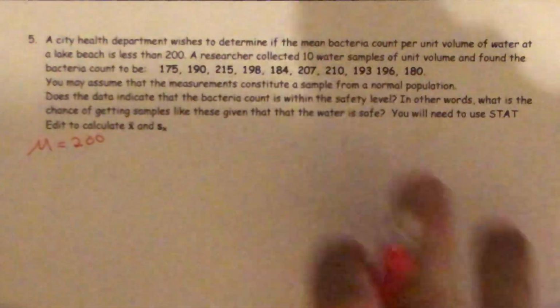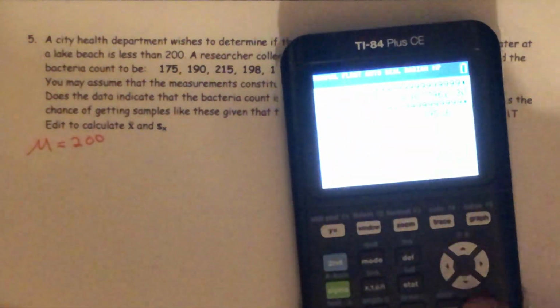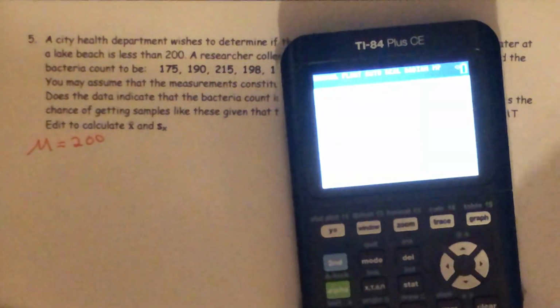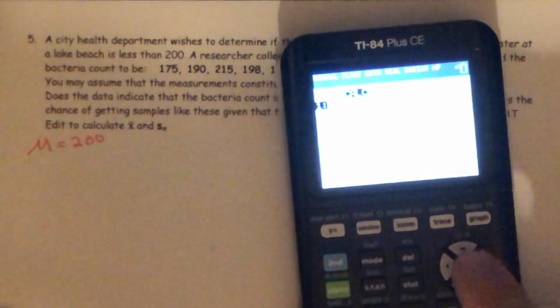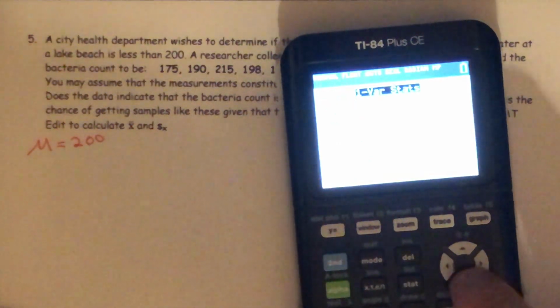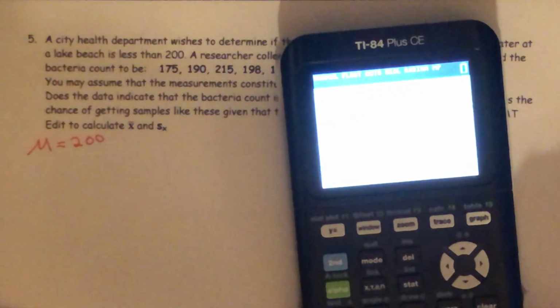So I'm going to go ahead and enter that information into stat edit. So stat edit, I type in the information, then I go stat calc, one variable statistics. My list should be L1. I should not have a frequency because there's only one value.